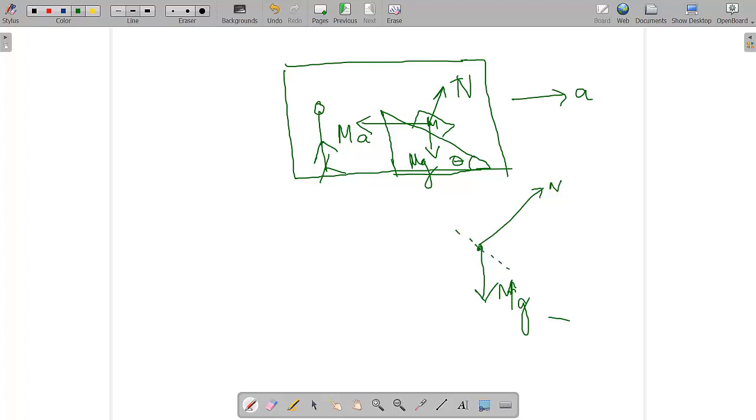If you draw the incline, this is theta. Normal contact force will be perpendicular to the incline, no? This is your incline, this is your block, so this will be the normal contact force, 90 degrees. And there is a pseudo force acting in this direction.